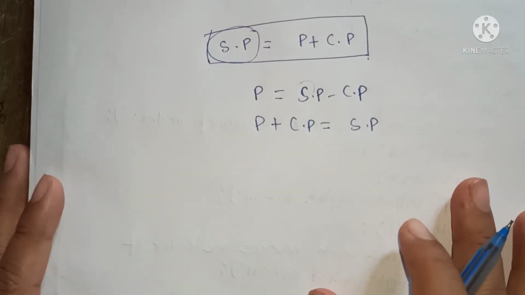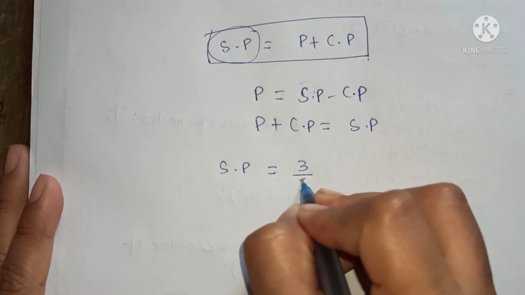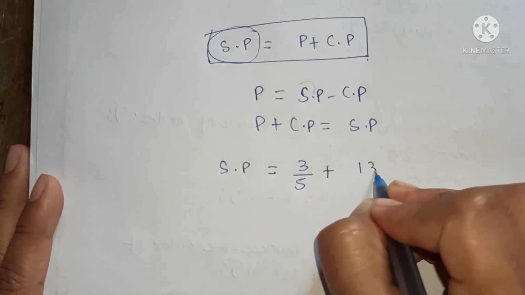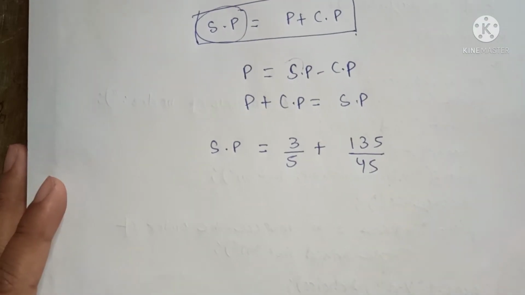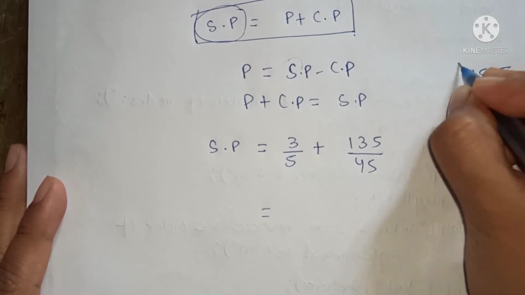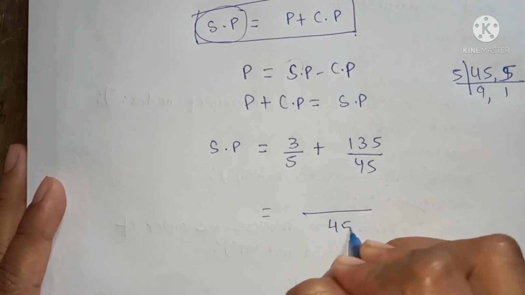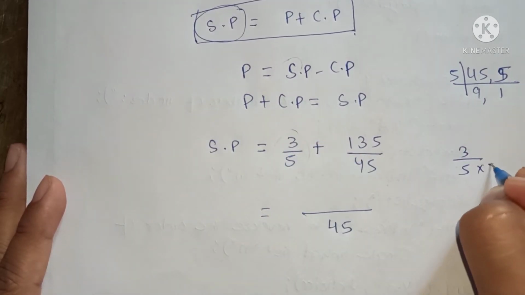Okay. Now SP equals profit, which is 3 by 5, plus CP, which is 135 by 45. Right? Now we'll take out the LCM. So our LCM will be 45. We need to change this fraction.